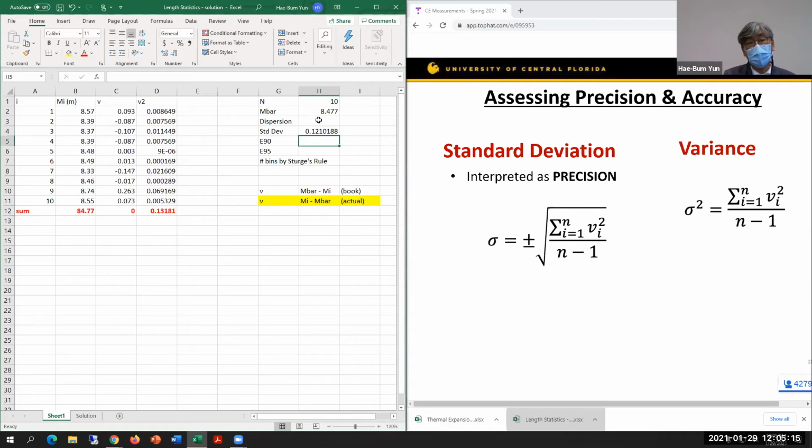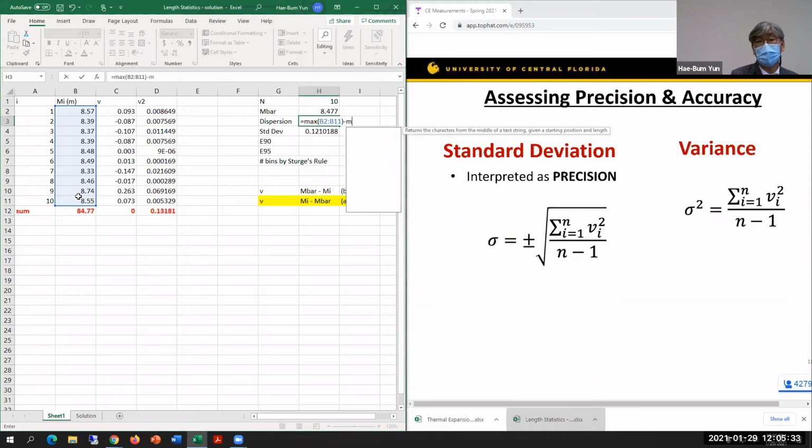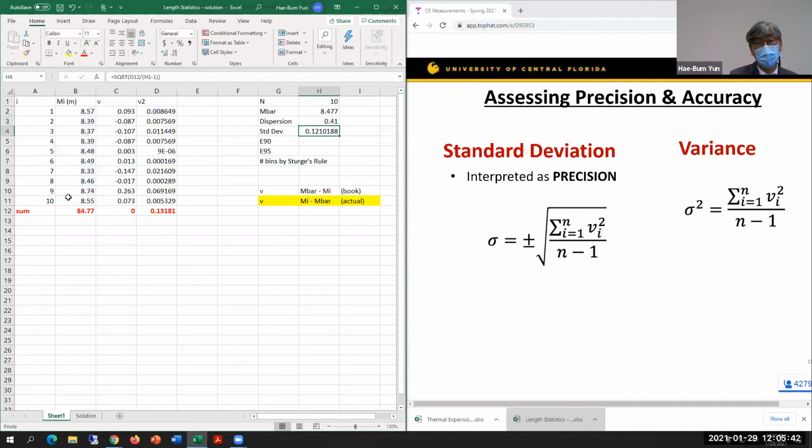So then to do that, you have the max of observation, right? Minus the mean of observation. And this gives you dispersion.